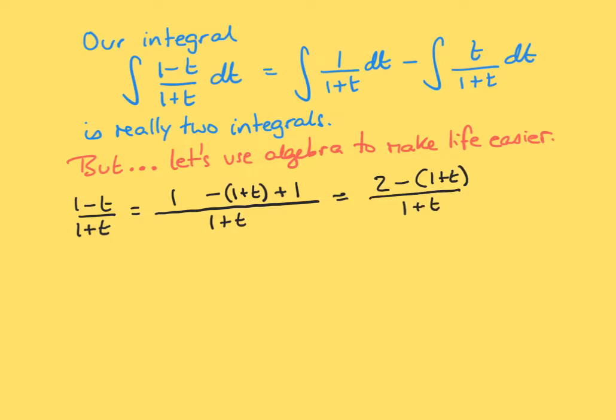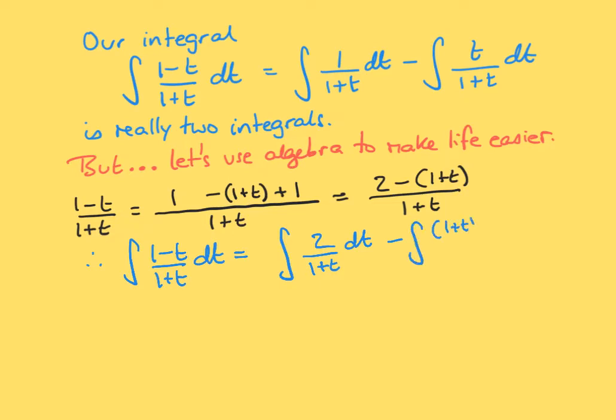And this level of algebra, going from here to here, you can verify it just by expanding, is very useful, because now if we go back to our integrand, we say that the integral of 1 minus t over 1 plus t with respect to t is equal to the integral of 2 over 1 plus t with respect to t minus the integral of 1 plus t over 1 plus t, and they're going to cancel in a moment.